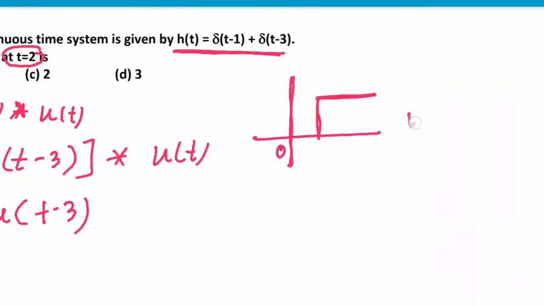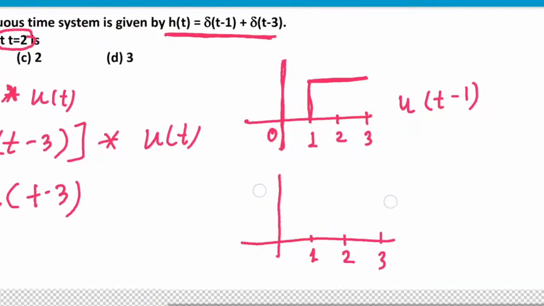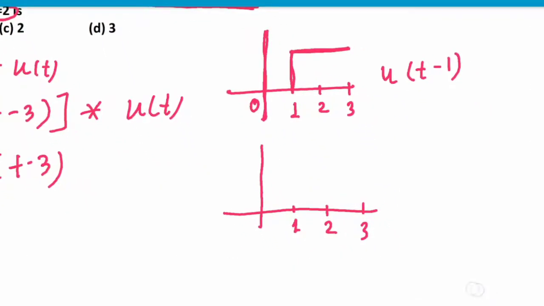This is u of t minus 1. And what is t minus 3? Suppose this point is 1, this one is 2, and this one is 3. T minus 3 is delayed by 3 to the right. So this value is 1, also here this value is 1.